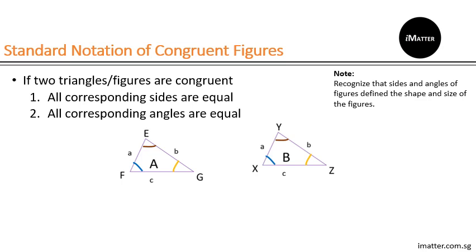When these two figures, figure A and figure B, are placed side by side, these two conditions must be fulfilled. As I mentioned earlier, if both figures are congruent, these two figures will overlap each other completely.